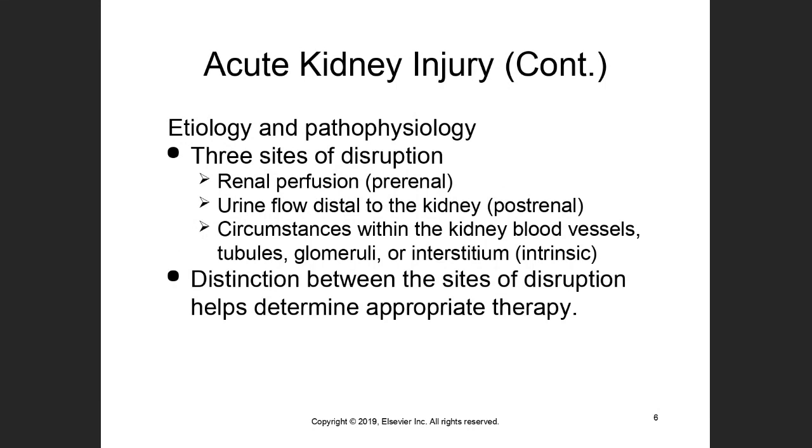Etiology and pathophysiology: three sites of disruptions. We have the renal perfusion, pre-renal, urine flow distal to the kidney, post-renal, and circumstance with the kidney, inside the kidney, in the glomerular and in the interstitium, that is intrinsic.